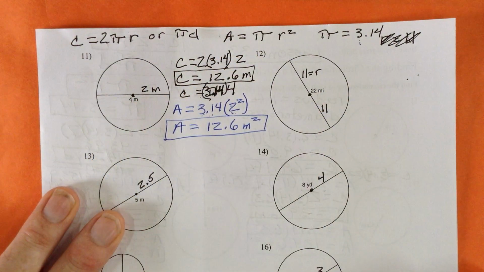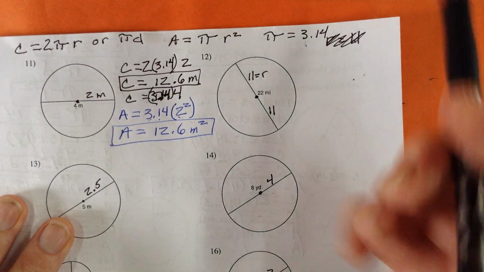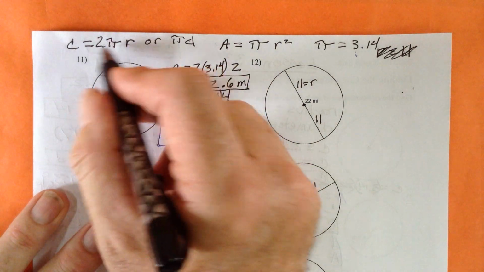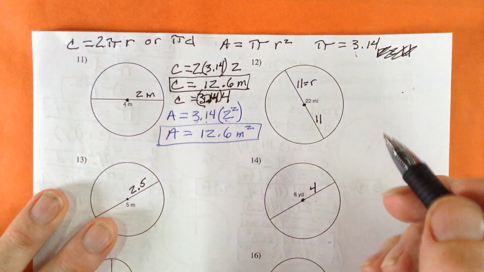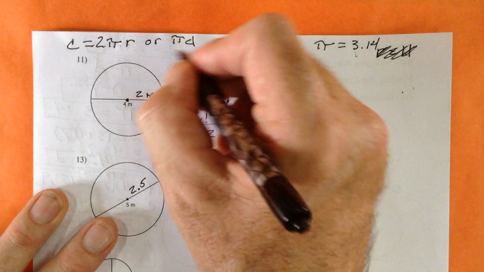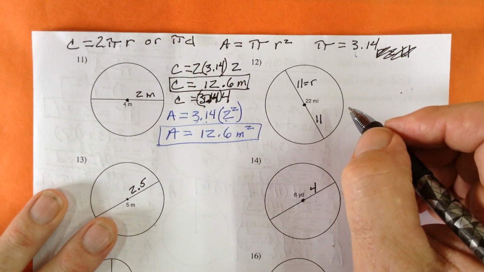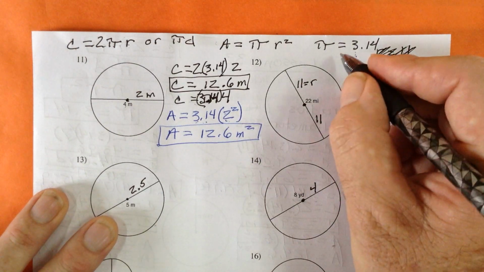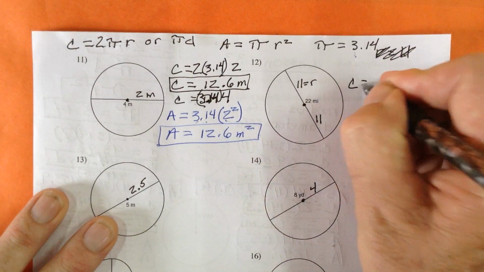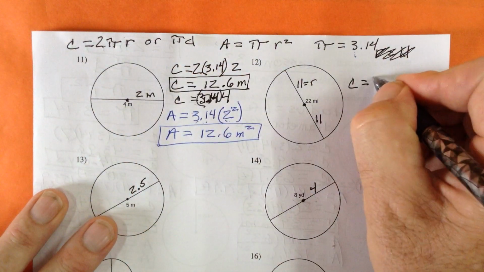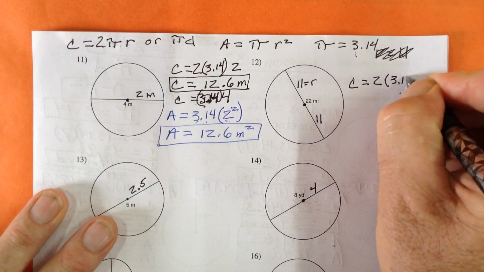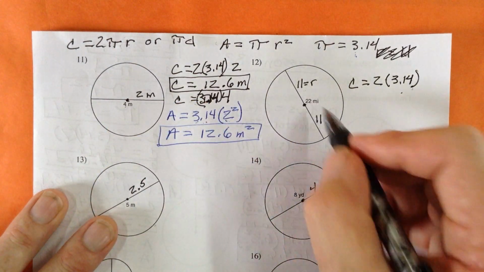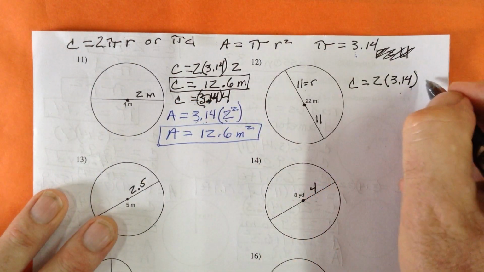Okay, this one here. First off, the circumference. I'm going to just go with this one because I like using the radius. If you want to try the diameter ones, you should end up with the same calculations. But here with the circumference, I'm going to go with 2 times 3.14, 2 times pi, and then the radius is going to be half of 22, which is 11.